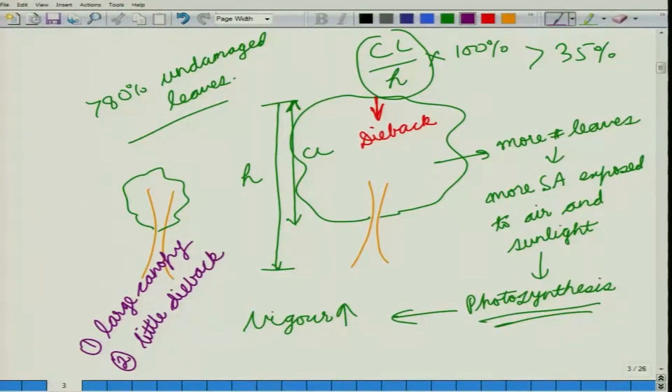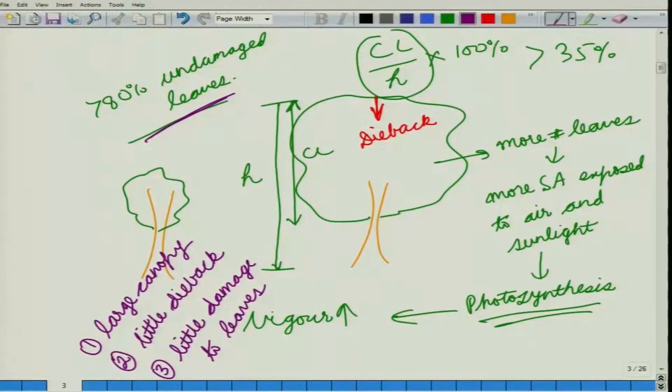So, this canopy is healthy, plus even the leaves that are there are healthy. So, we have little damage to leaves. So, it is a large canopy, it is a healthy canopy and even the leaves are healthy.